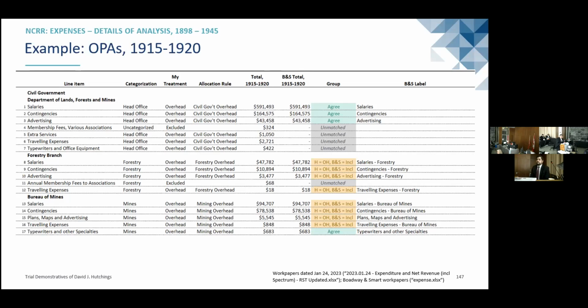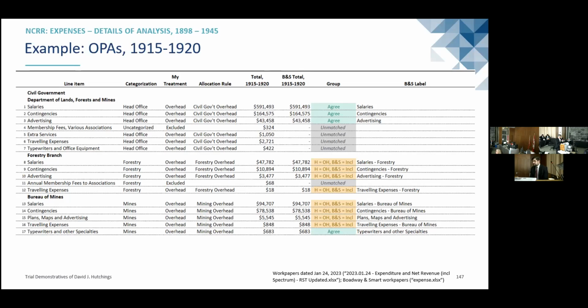Okay. So next we have forestry branch. And you'll see there, the grouping, which is that second to last column, is all yellow. It's yellow because we partially agree. I include salaries as overhead, and I use a different allocator, forestry overhead, as I discussed. Professors Bodway and Smart include all of the salaries of forestry.